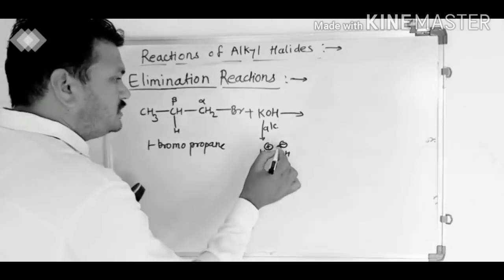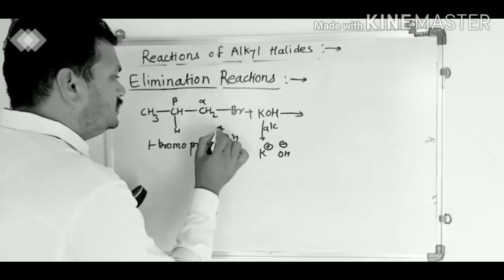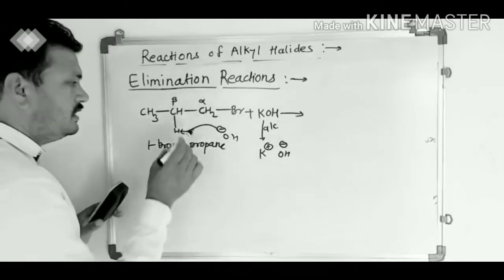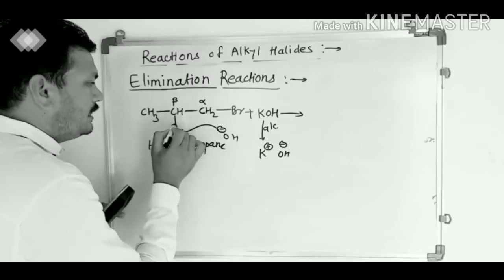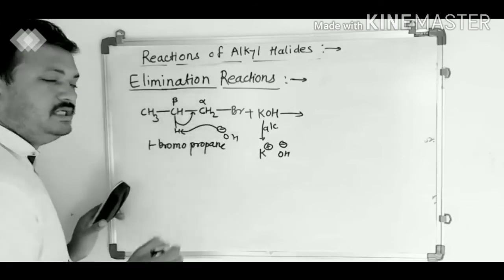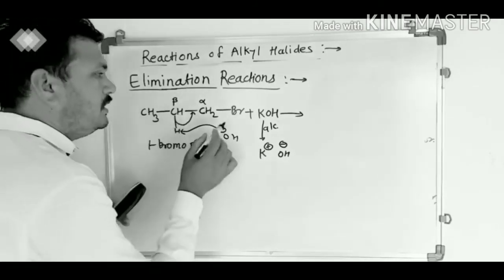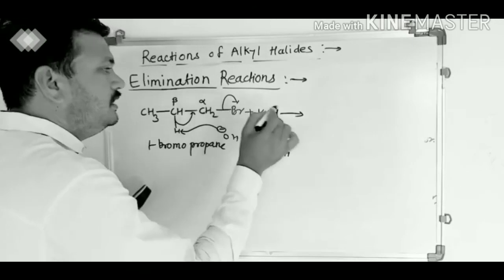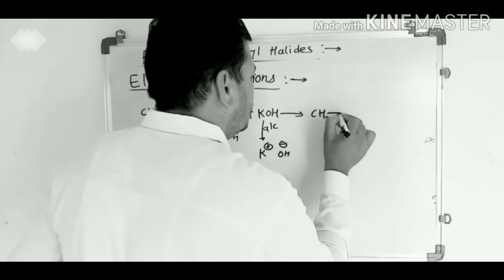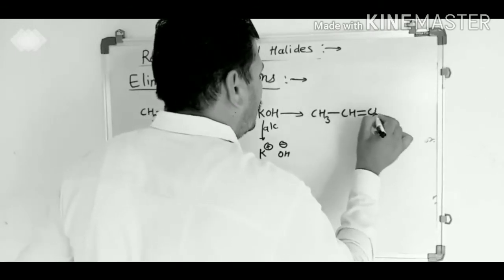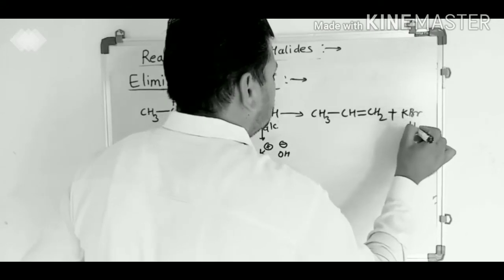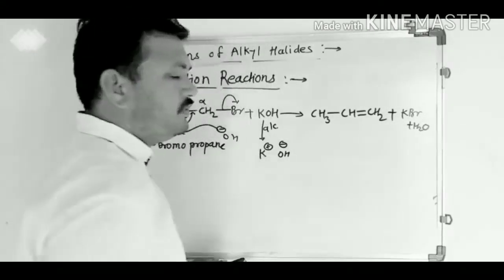Now this OH minus from this alcoholic KOH solution takes this proton, and these electrons present in this bond are shifted towards this carbon-carbon single bond, forming a carbon-carbon double bond, and removal of this leaving group Br minus takes place, and we get the product CH3 CH double bond CH2 plus KBr plus H2O as a byproduct.